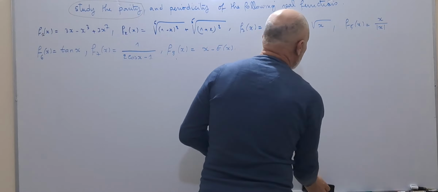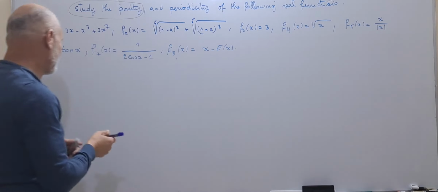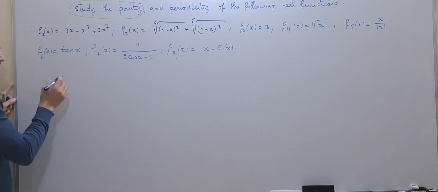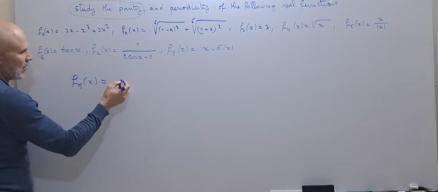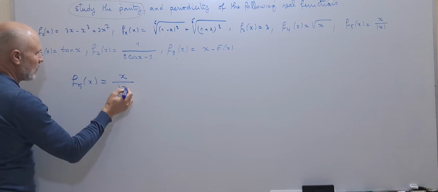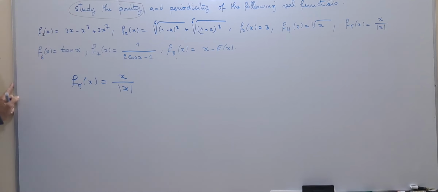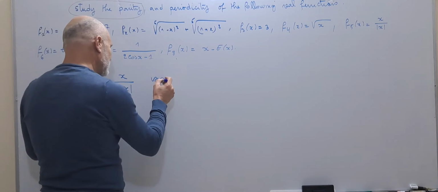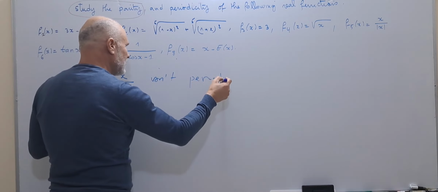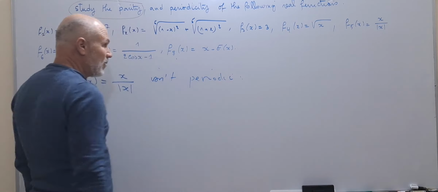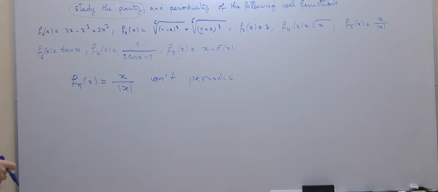What can we say for f5 of x? f5 of x, which is equal to x over the absolute value of x, isn't periodic. Why? We suppose that it is periodic.